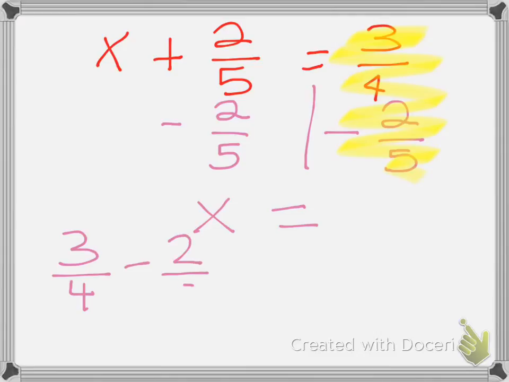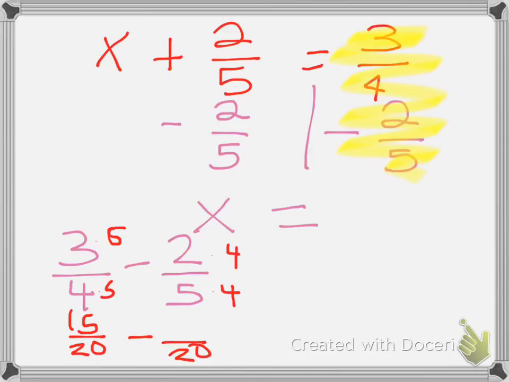3/4 minus 2/5. What are we going to need to do in order to subtract fractions? Okay, so we are going to need to make these both into 20ths. 4 times 5 is 20, so 3 times 5 is 15. 5 times 4 is 20, so 2 times 4 is 8. 15 minus 8 is 7/20.